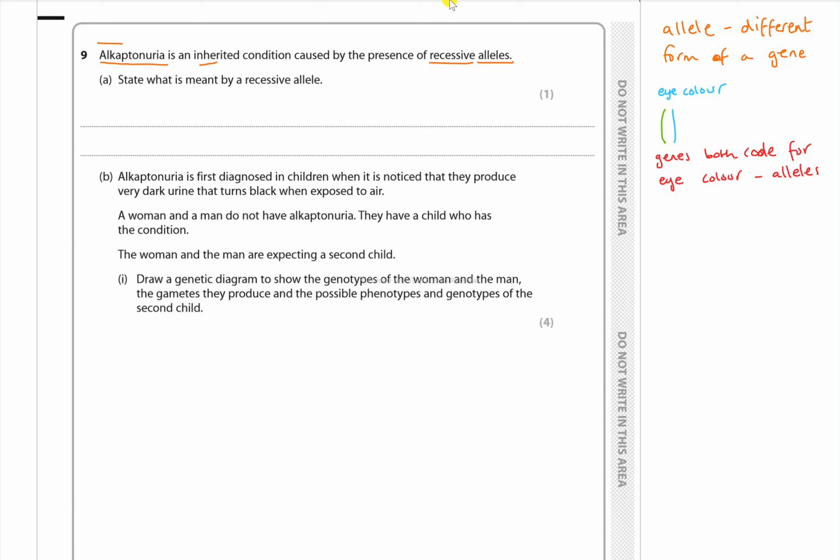Right. Now the word, you've got recessive. There's two words that you've got to learn: dominant and recessive. Dominant means it is always expressed, shown, or comes out in a heterozygote.